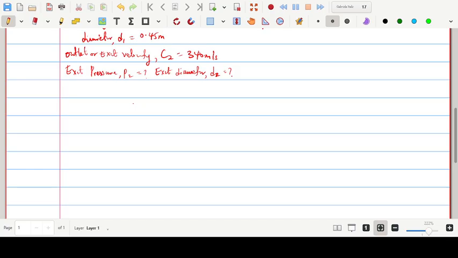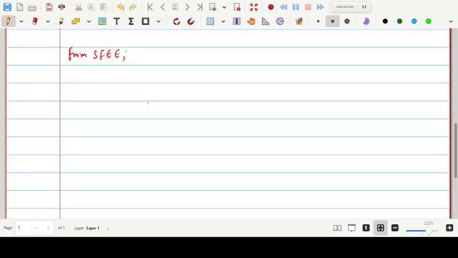The steady flow energy equation: we've realized that our Q is equal to 0, W is equal to 0. So from the steady flow energy equation, what does this say? We have U1 plus P1 V1, don't forget this one is specific volume, plus kinetic energy.